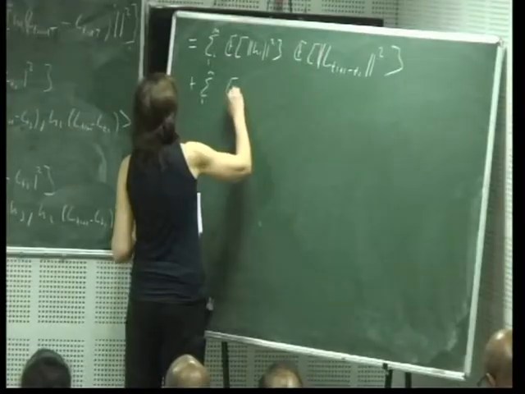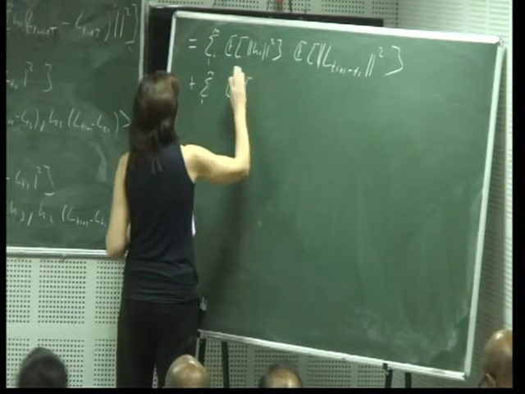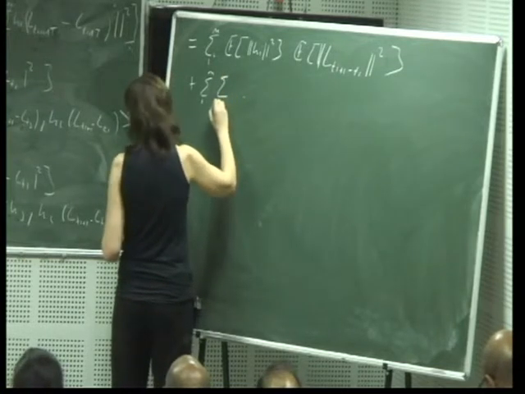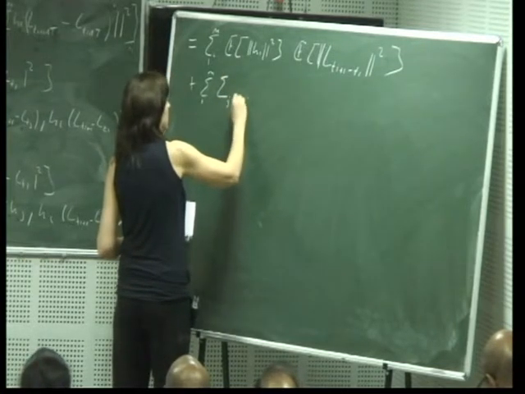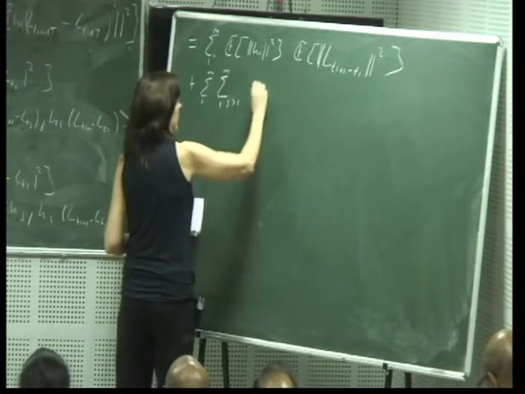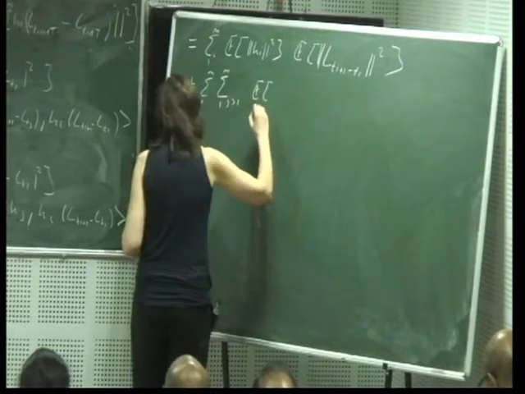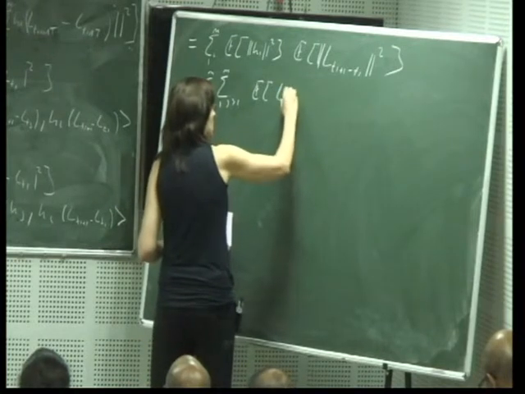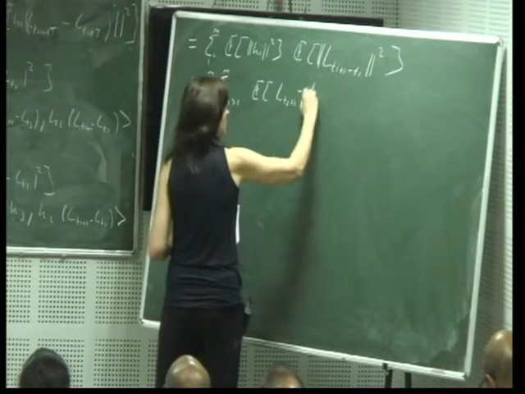So this, I can write it as a double sum with j bigger than e. And here I have the expectation of L_{t_{j+1}} minus L_{t_j}.